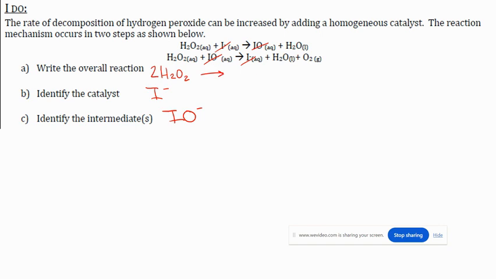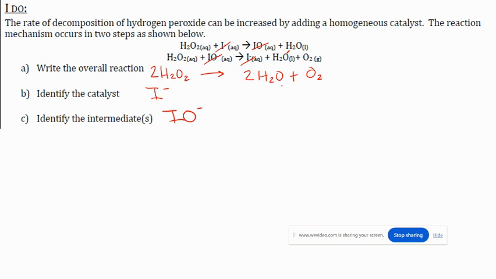Then I'm going to have on this side two H2Os for these two right here, plus O2. And then this thing should balance. Okay, so I have 4 hydrogens and 4 oxygens. Over here I have 4 hydrogens, and I've got 2 plus 2 is 4 oxygens. So when you're done, make sure that your overall reaction balances.